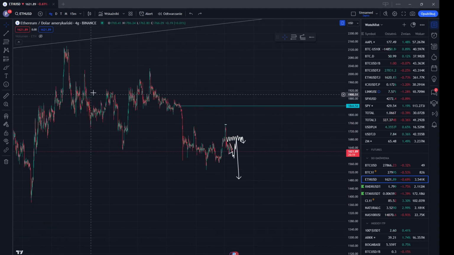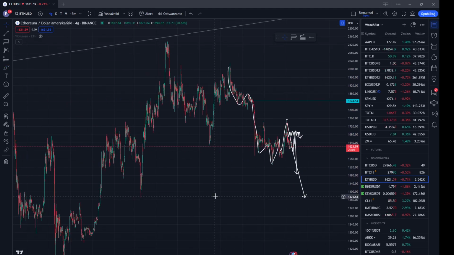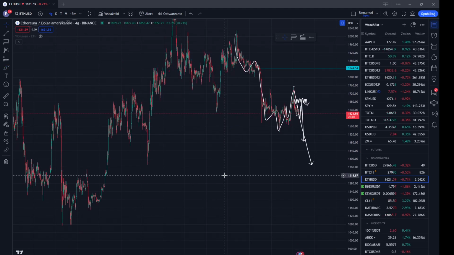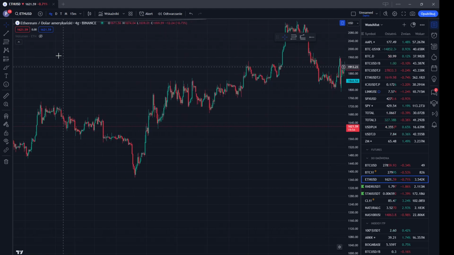What is more important is we have 1, 2. This is maybe our wave 3, and this is our 4, and then we will get a 5. So a move down to roundabout, maybe we stop around 1400.